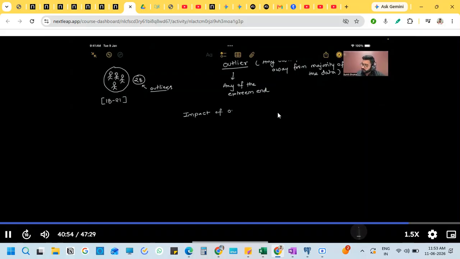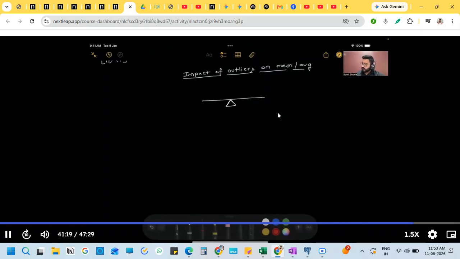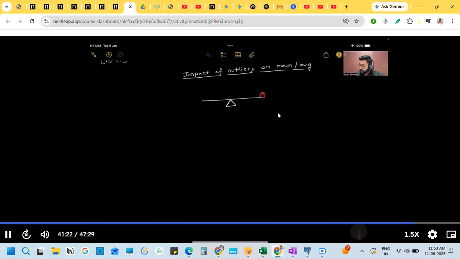Impact of outliers on mean or average. Whenever there is an outlier, assume that this is your weight balance. Now, if your outlier is on this side, the red ball is your outlier, then it will pull the mean towards it. As an ideal state, your mean should be over here.